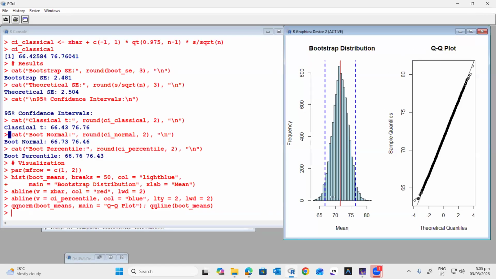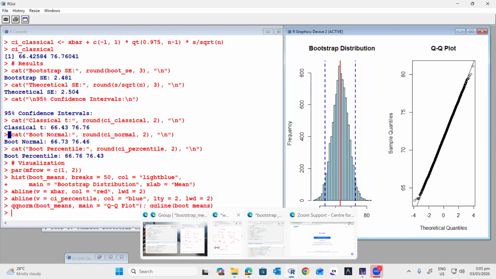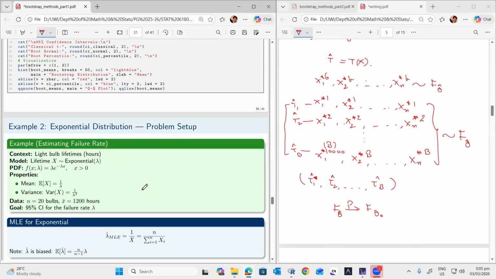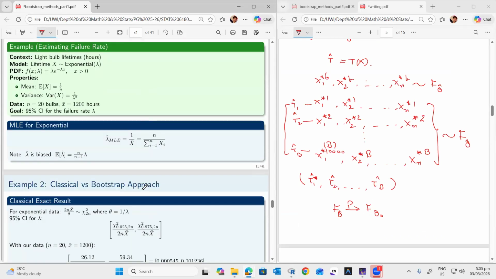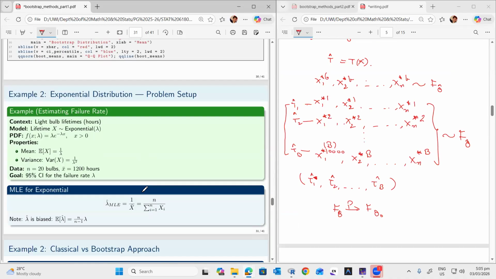All right, so now we are going to discuss another one, that is our exponential distribution problem. What we have here is light bulb lifetimes in hours. In the model, we are saying that x follows the exponential distribution with rate lambda, and the PDF we are considering is lambda times e raised to the power minus lambda x.